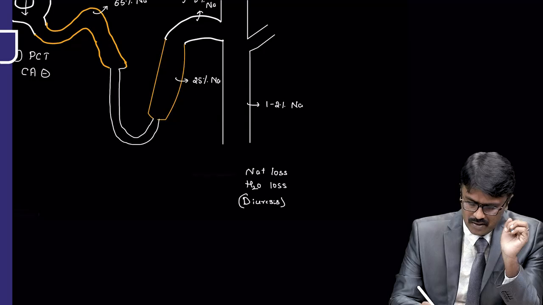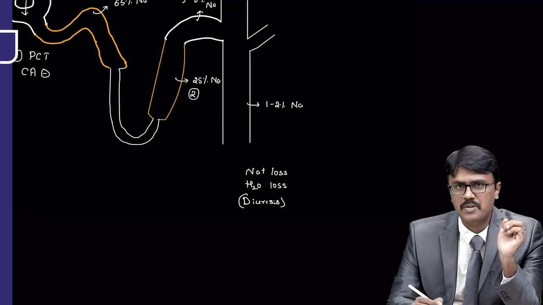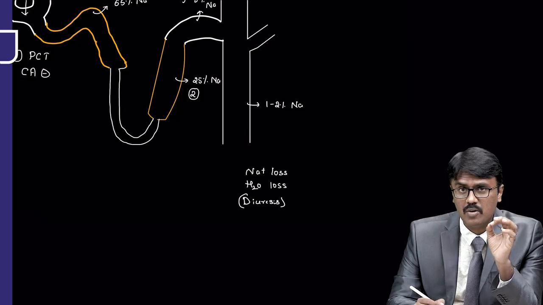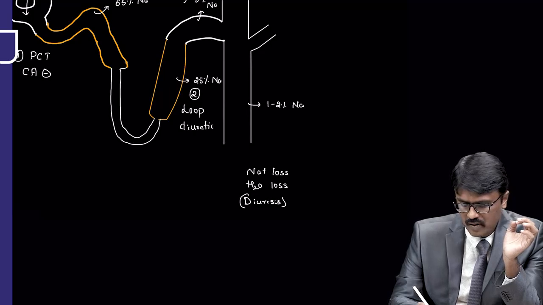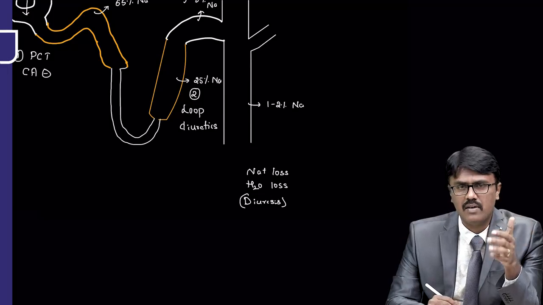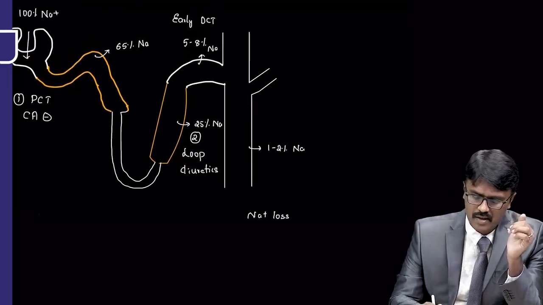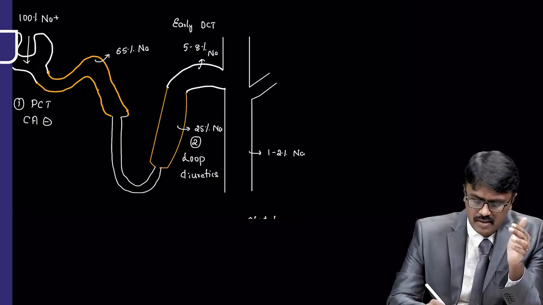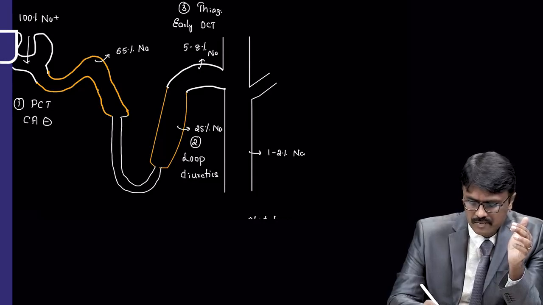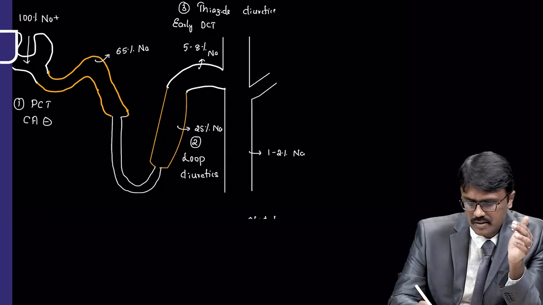The second group of drugs inhibit sodium reabsorption in the thick ascending loop of Henle. They are called loop diuretics because they act on the loop of Henle. The third group of drugs, which inhibit sodium reabsorption in the early part of the DCT, are called thiazide diuretics.